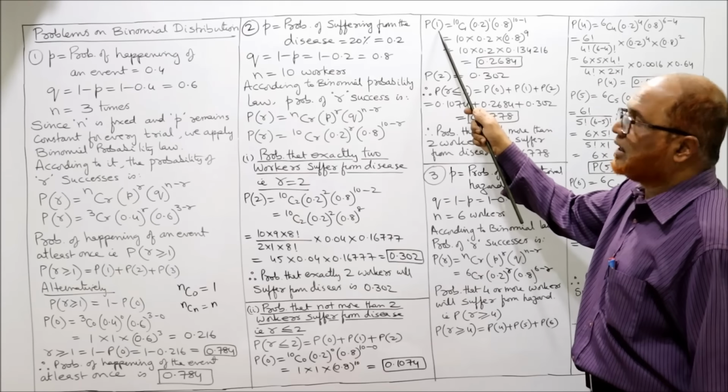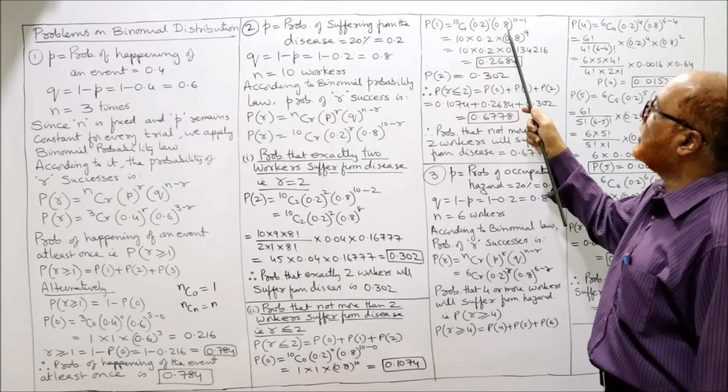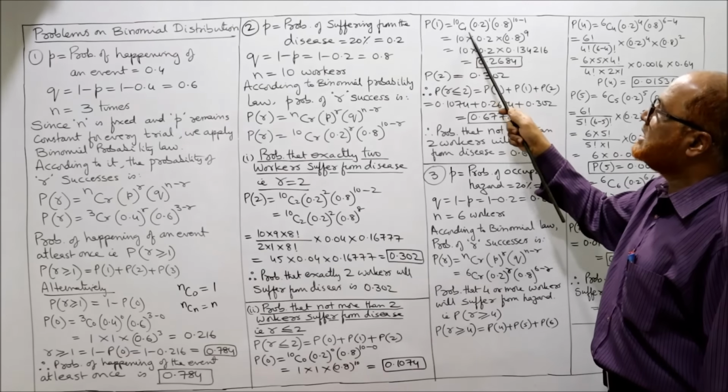Now we have to calculate P of 1. P of 1 is equal to 10C1, 0.2 to the power of 1, 0.8 to the power of 10 minus 1. 10C1 is equal to 10.